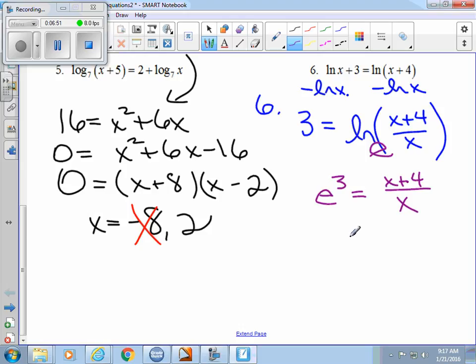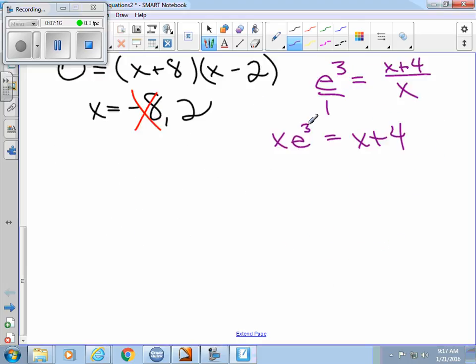No, you cannot, because it's then also 4 over x, which I don't think you want to deal with. In fact, what I would want to do is cross multiply so that I don't have any fractions. Everyone agree with that from yesterday? So I get x times e cubed equals x plus 4.